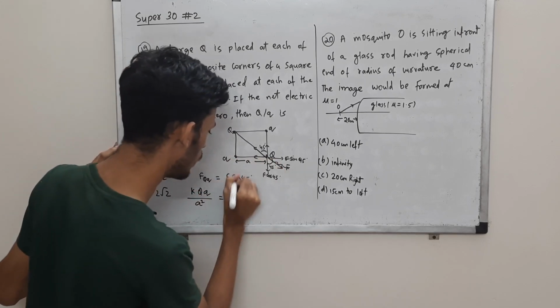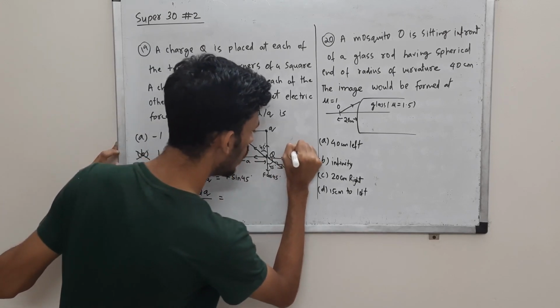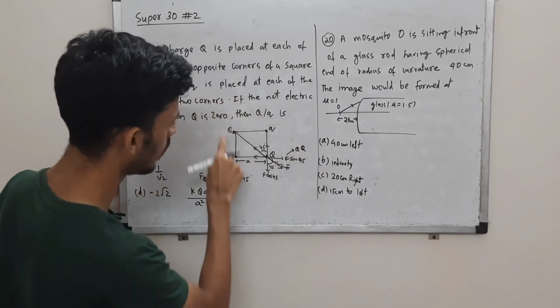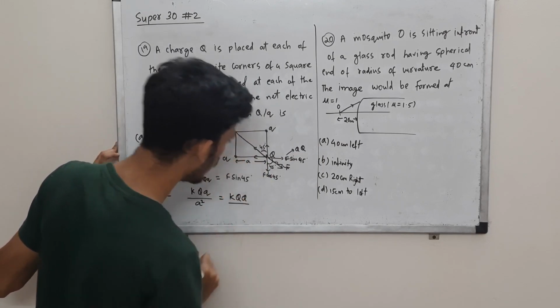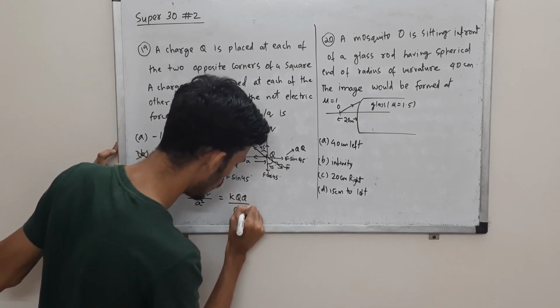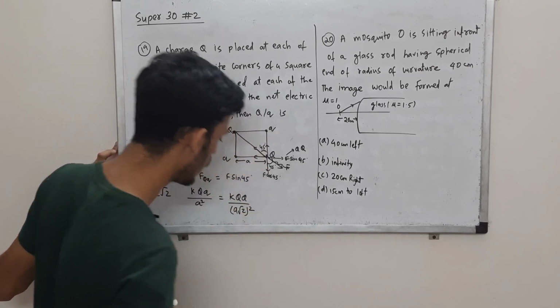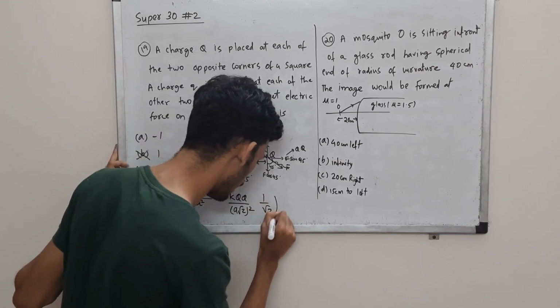The force between capital Q and capital Q is kQQ by this distance, the diagonal, which is a root 2 the whole square. And also sin 45 is 1 by root 2.